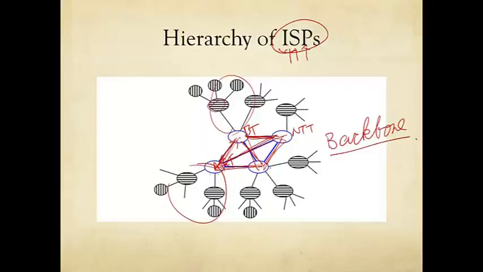Then there are many tier 2 ISPs, they're still pretty big. There are national or regional ones. They form links among themselves too, peering links. Sometimes it's very hard to measure these. Thus, the AS autonomous system graph is actually hard to construct.